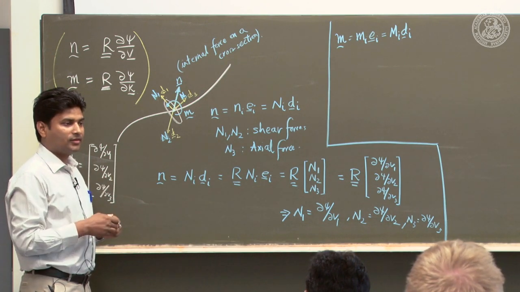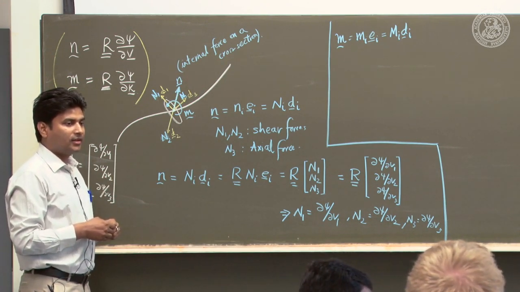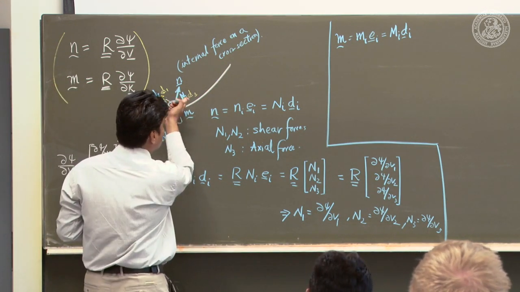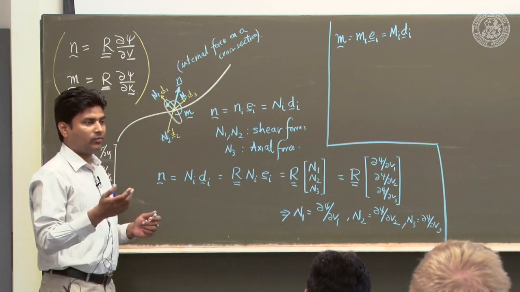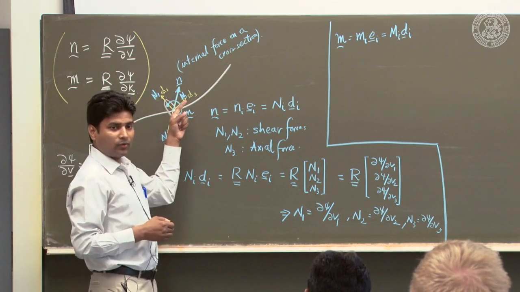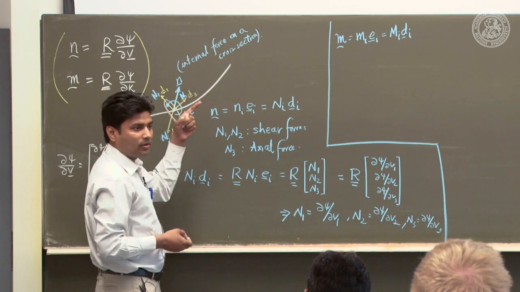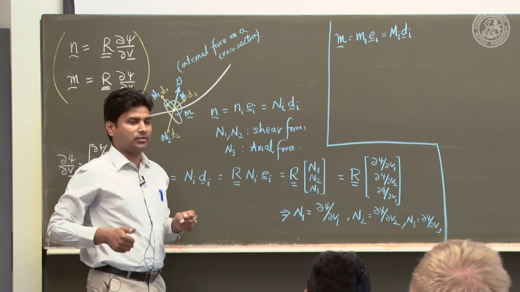Yes? Torsion? Oh, M3 is the torsion. M3 is the torsion, isn't it? The moment along d3. And M1 and M2 is for bending. Yes, it is for bending moments. So, the moment along d3, big M3 for example, which is along the cross section normal, will try to locally twist your cross sections.